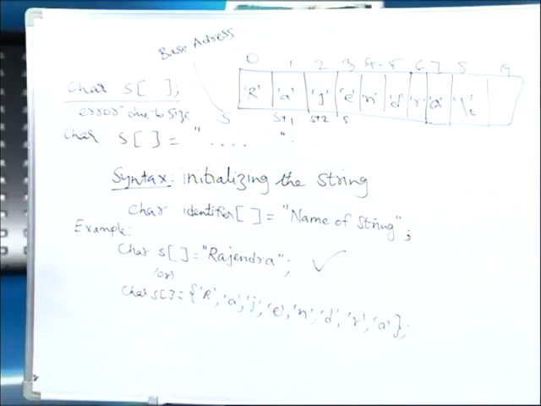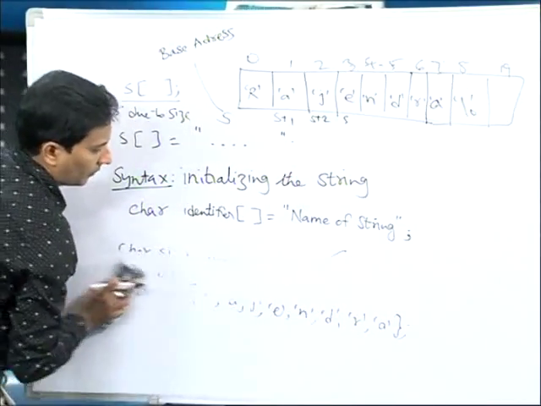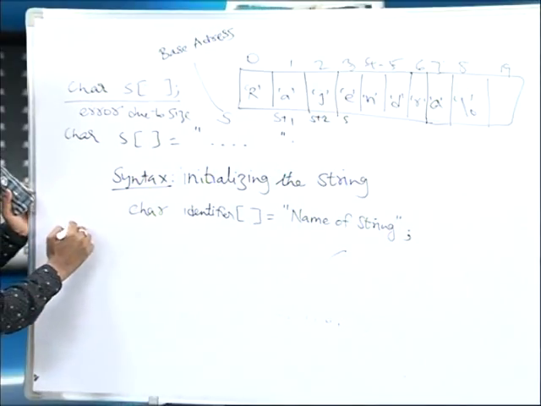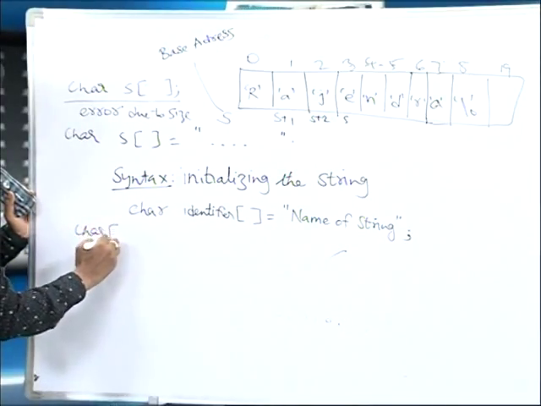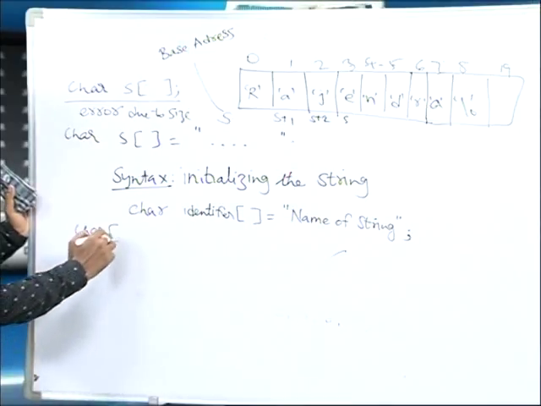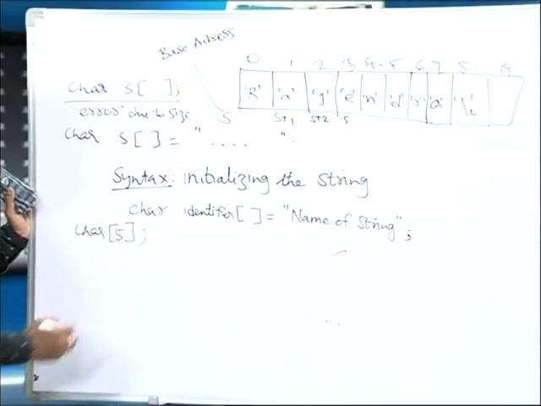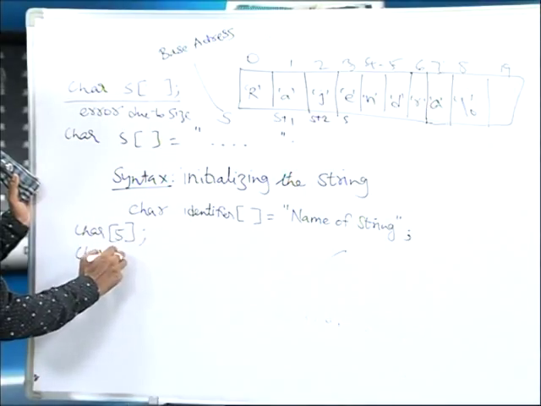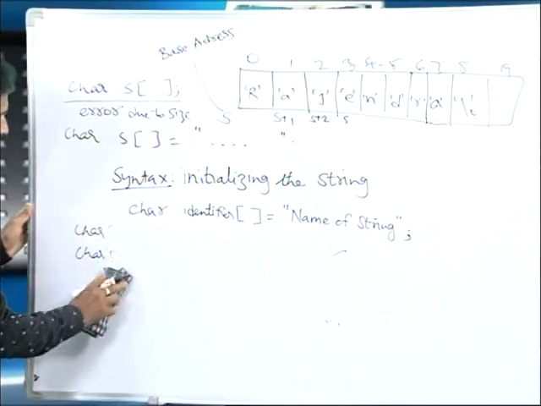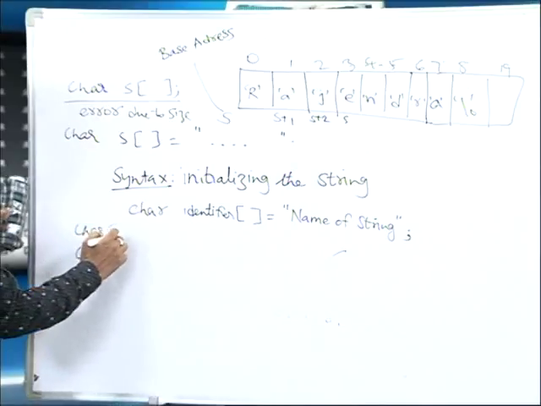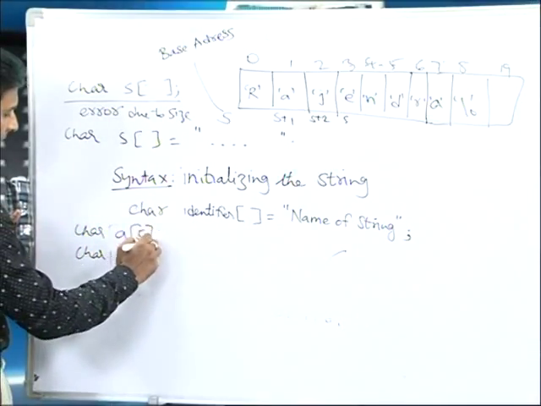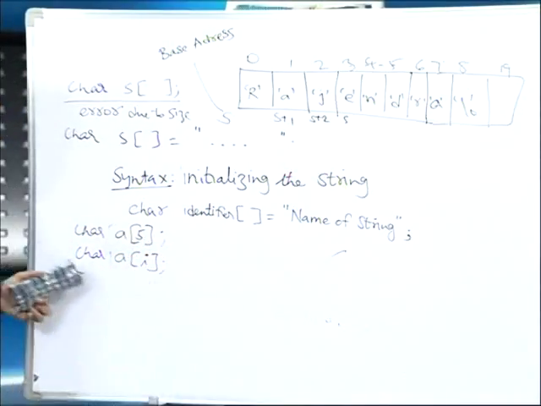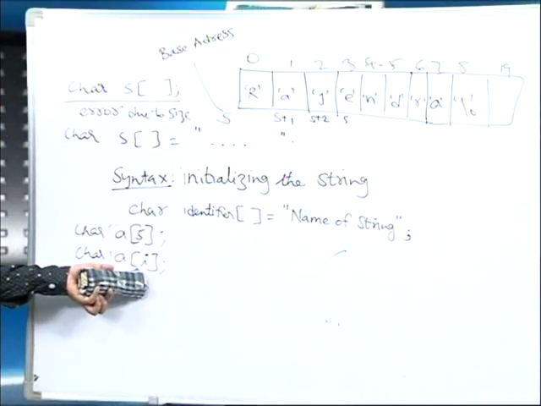You can give it like this also: char a[5], it is valid, or char a[i], where i contains some value.